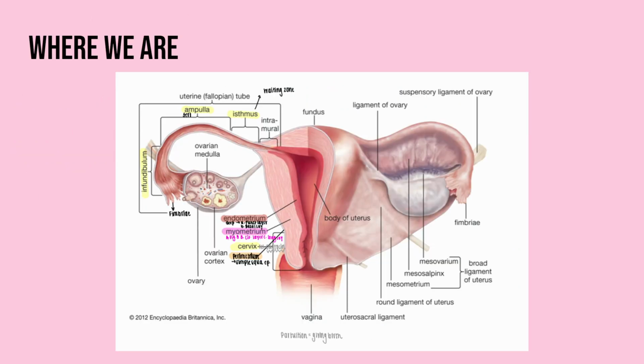And then I just threw this on here so you can see where we are when the follicle is released, how it's going into the fallopian tube, and then we talked about the uterine cycle, how that relates to the changing in the endometrium layer in the uterus.